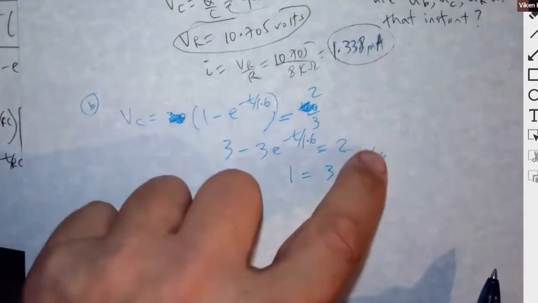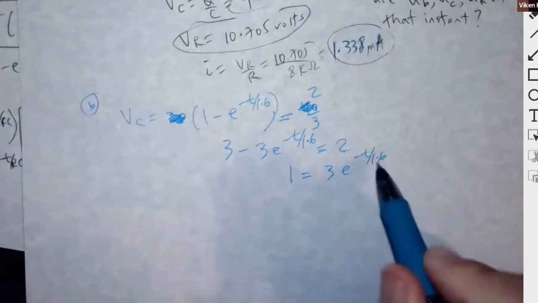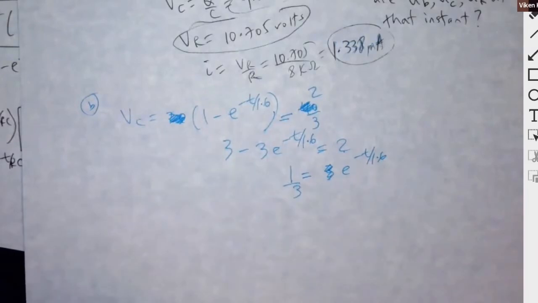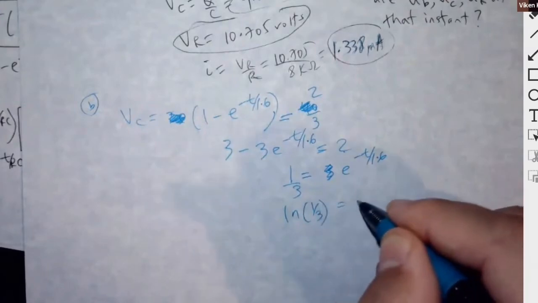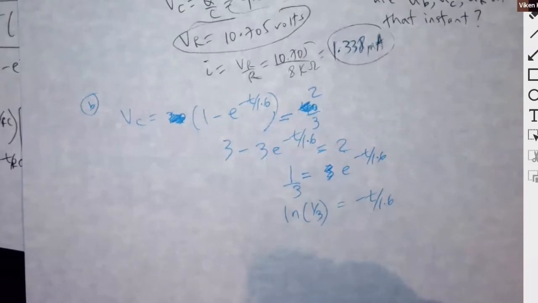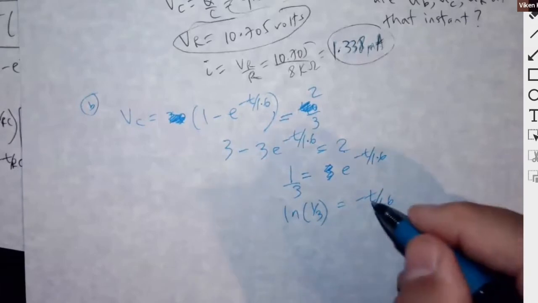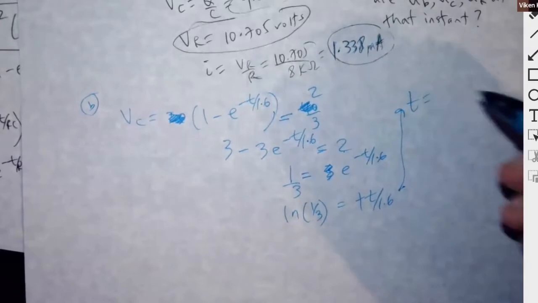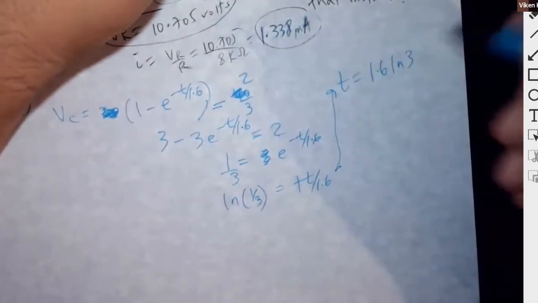So this one went to the other side, and then I subtract 2 from this, and you get this, and then you divide by 3. Then you take the ln of both sides, and the ln of this will just be negative t over 1.6. And then this would be negative ln of 3, so the negatives will cancel. So t is just going to be 1.6 times ln of 3.